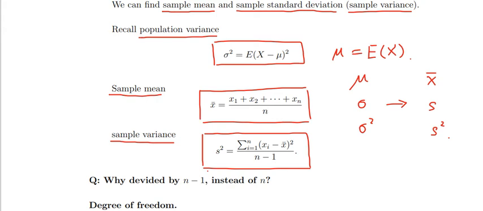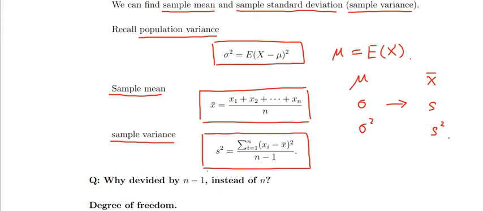So the formula for S square is like this. Based on this, sigma square is the average of x minus mu squared. Here x can be x1, x2, those data, and mu is just x bar, right?